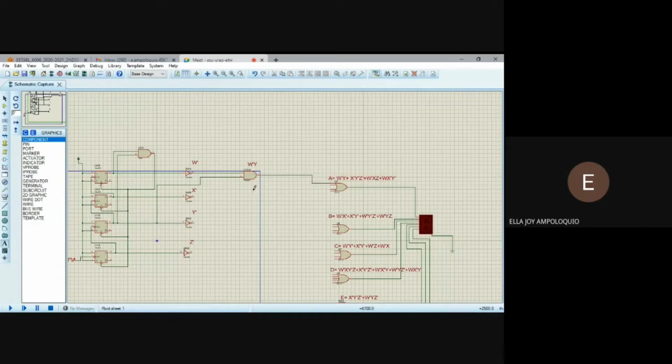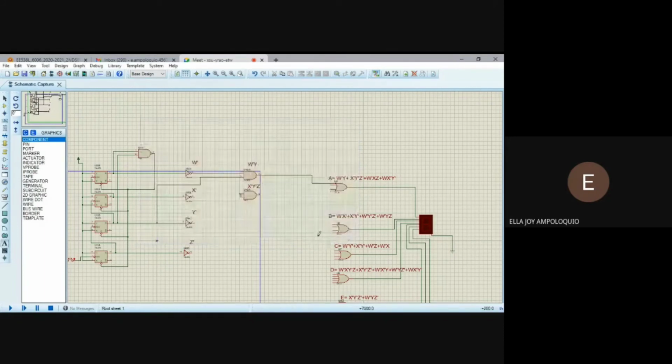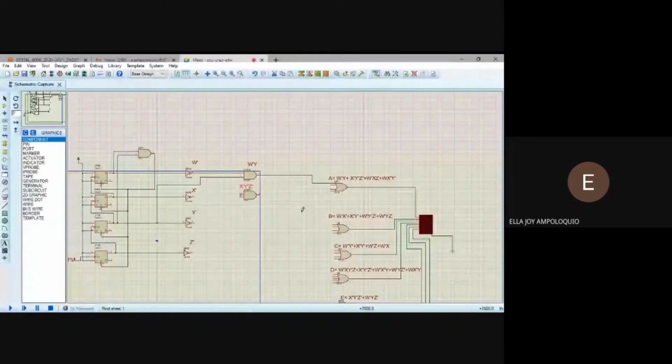Then we have X prime, Y prime, Z prime. Since it has 3 inputs, I will use a 3-input AND gate, the 74LS11. I will use it here. Then I will put the label X prime, Y prime, Z prime. Then I will connect X prime.